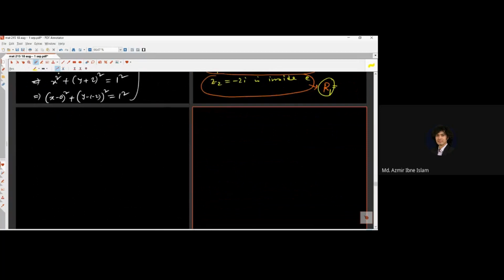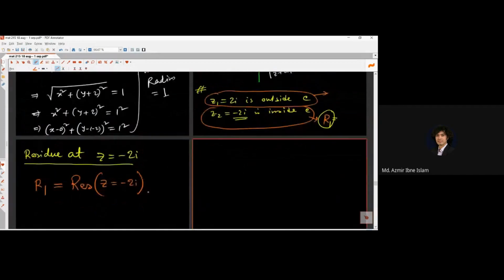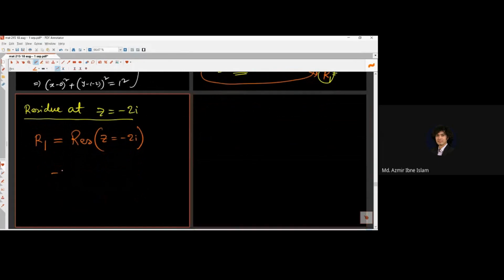Okay. So the residue at z equal to negative 2i can be denoted as R1 equal to residue of f of z at z equal to negative 2i. Since it is a pole of order 1, we can apply this formula: limit z tends to a of (z minus a) f of z, for the residue at z equal to a.